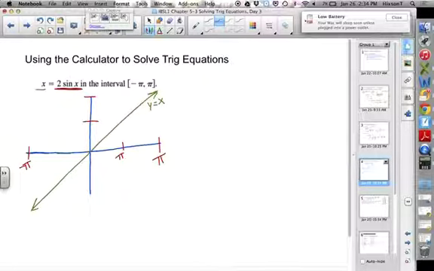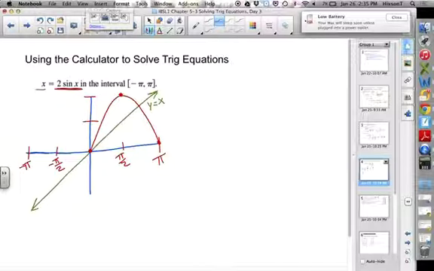That'll be pi over 2. This will be negative pi over 2. Where does sine start at? 0. It goes up to its max of 2 by pi over 2, because our amplitude is 2. And then it's back down to 0 at pi. So here's part of it.